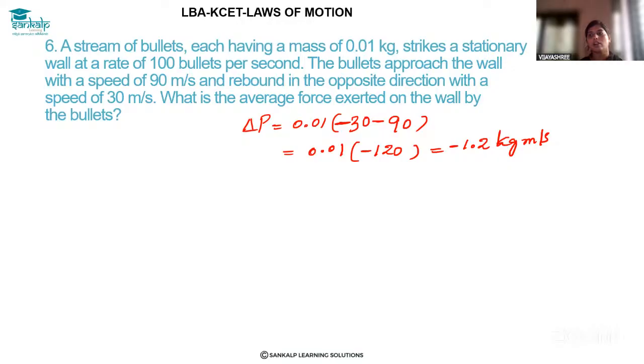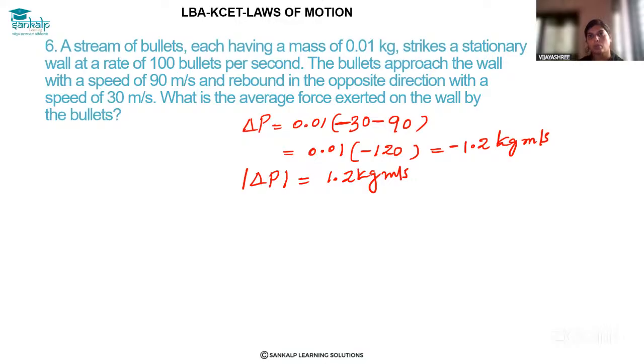If you consider the magnitude of delta P, we consider the numerical value only. Just skip the negative sign. Delta P is equal to 1.2 kg meter per second.